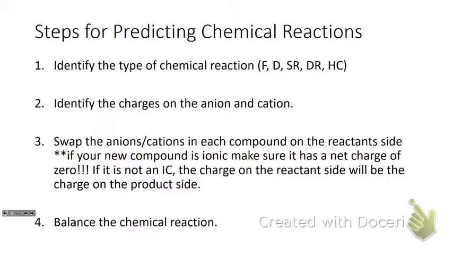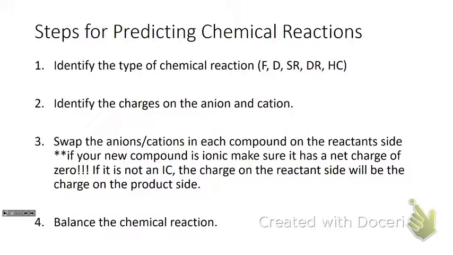Step 3, we need to swap the anions and cations, right? On each compound on the reactant side. So on the product side, if your compound is ionic, make sure it has a net charge of 0, right? And if it is not an ionic compound, then the charge on the reactant side for that element will be the same charge on the product side, okay?